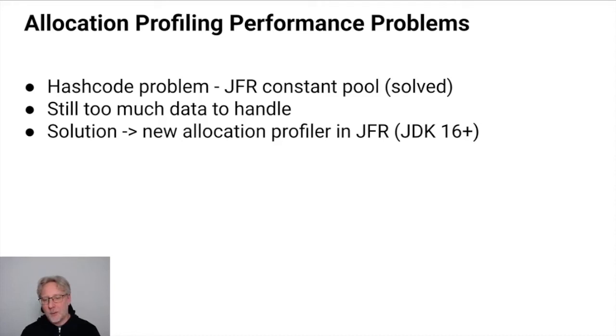So we needed a means of better controlling the data production rate. And the solution to that was to use the PID controller inspiration here as well. So we added a new allocation profiler to JFR in JDK 16 and above.